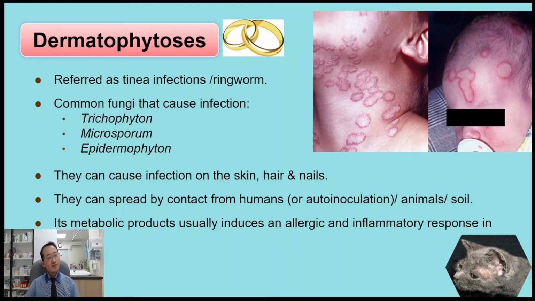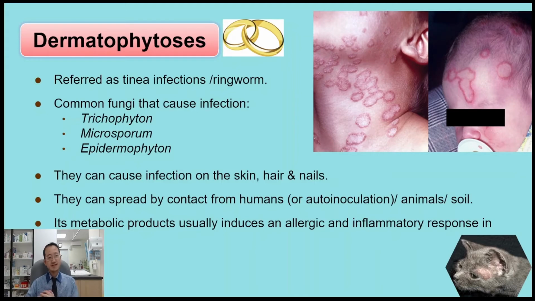Dermatophytosis can cause infection on the skin, hair, and nails. They can spread by three sources, mainly human to human, or human within, which is auto-inoculation. This means a patient has fungus elsewhere, and because of frequent contact, they spread the fungus to other areas.